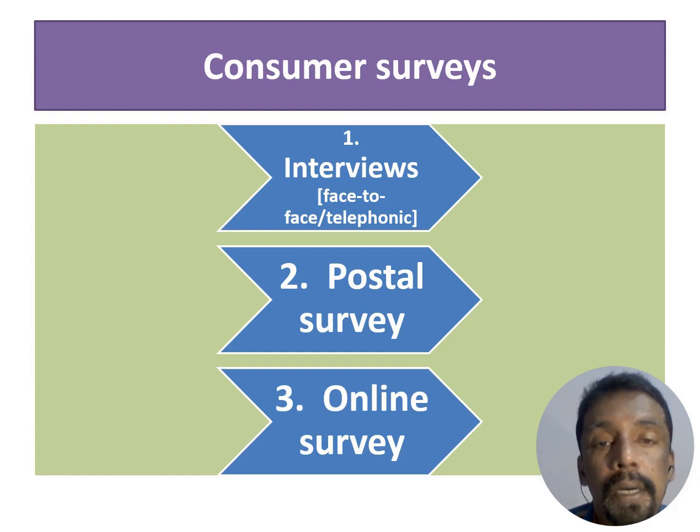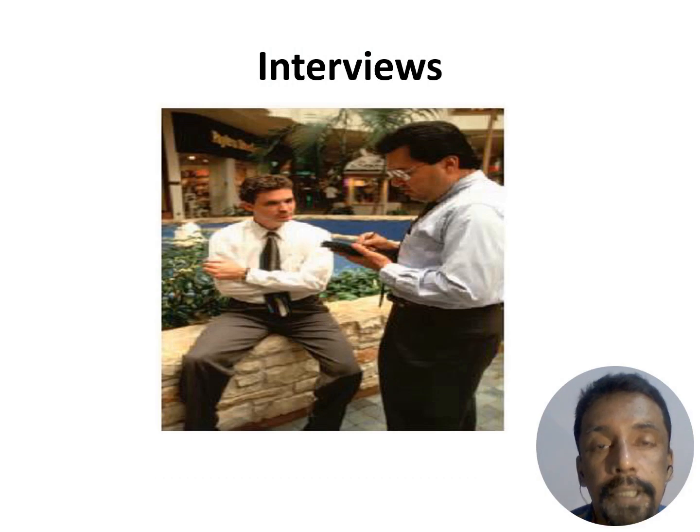The next method of primary research is consumer surveys. There are three types of surveys that you can do: interviews, that is face-to-face or telephonic interviews, postal surveys, and online surveys. This is an interview face-to-face. Telephonic interviews.